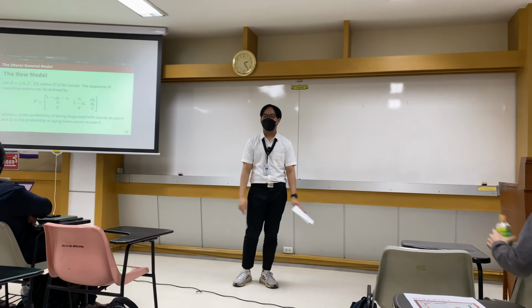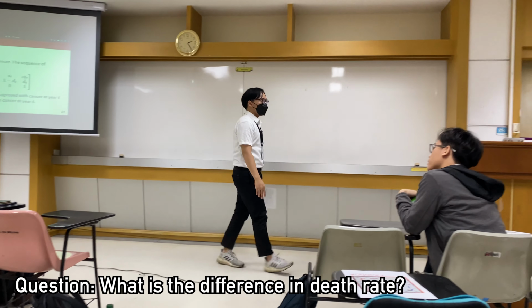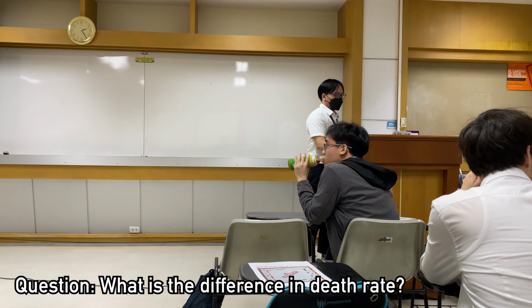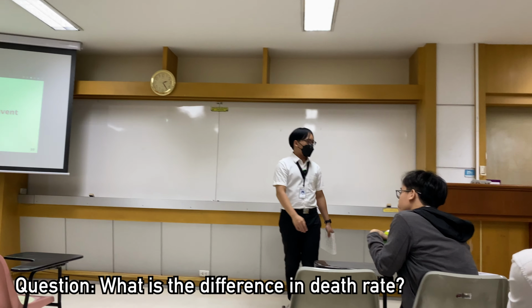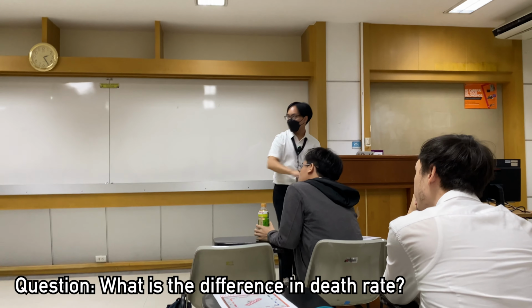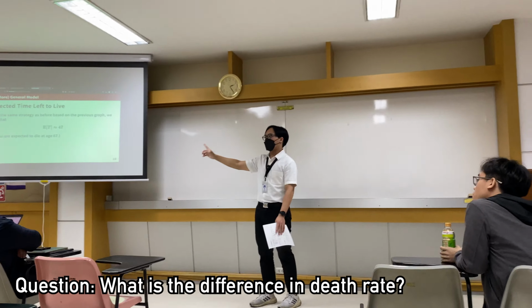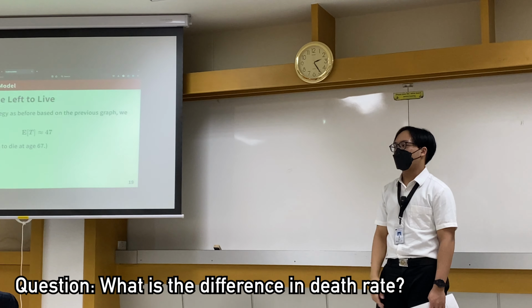So the death rate is the same? The death rate should be, in the new model, higher because the expected time left to live is lower. The original model, the ultimate survival, expects you to live until 86. This one only expects you to live until 67.